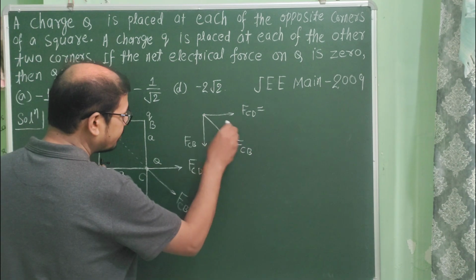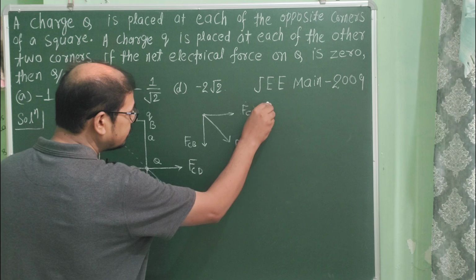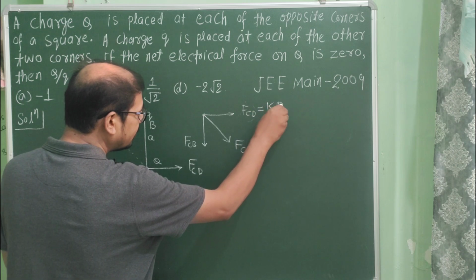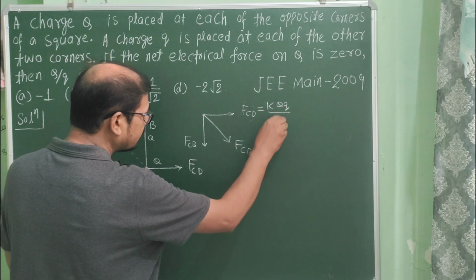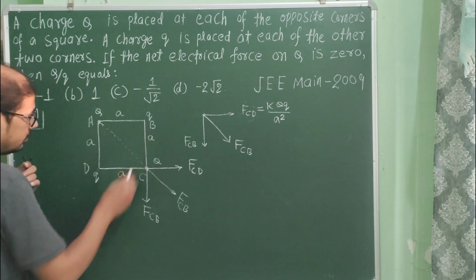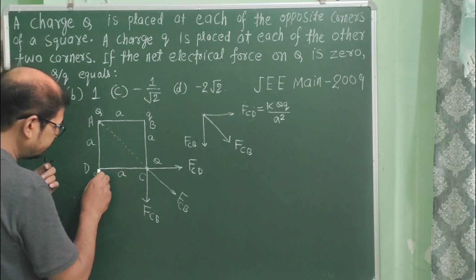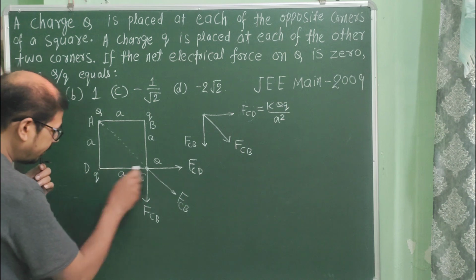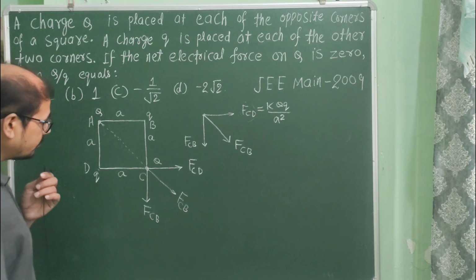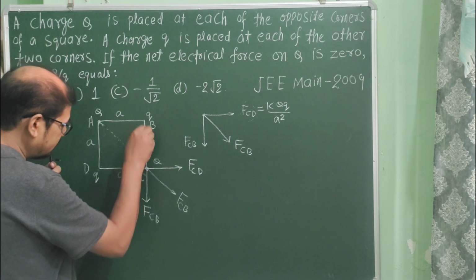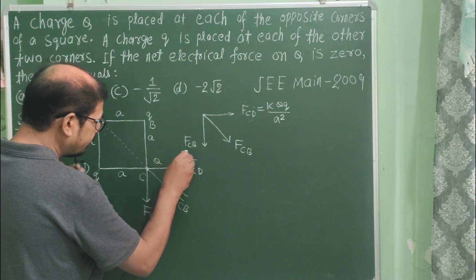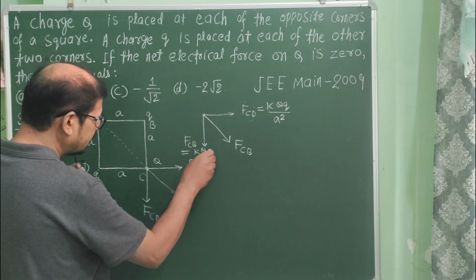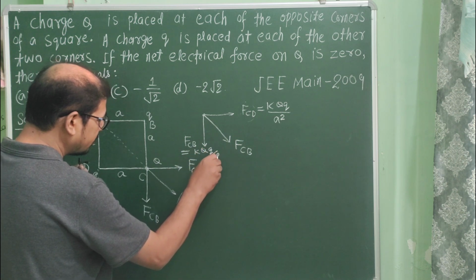The net force F_R. The magnitude of this force, CD force, is K Q q divided by a square. Any doubt? And force CB is K Q q divided by a square, correct?